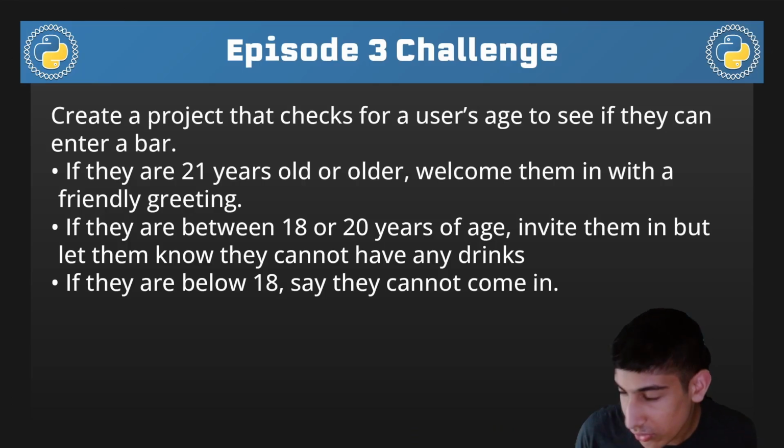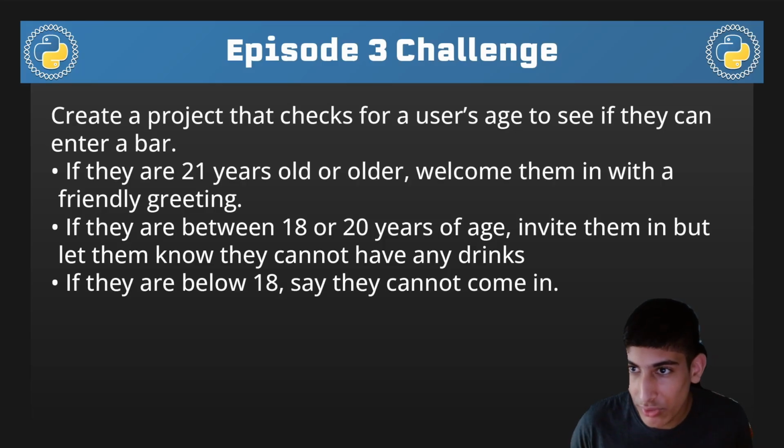So to cap off this third episode of the series, let's try out a challenge that goes over the concepts that we've learned. So try to create a project that checks for a user's age to see whether they can enter a bar or not. And also let them know the restrictions that are being put on them based on their age.